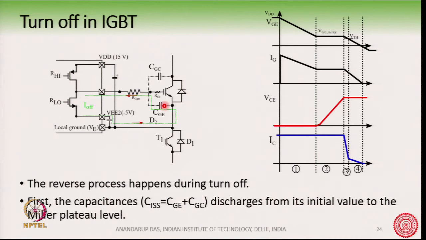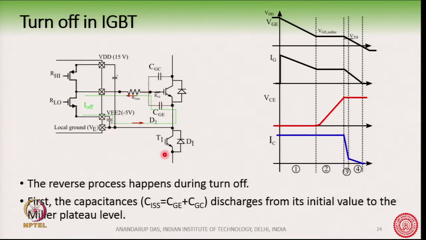So, how is the circuit behaving? You can see here that this capacitance is going to be discharged through this MOSFET. During turn off, we will turn on this MOSFET and turn off this MOSFET. So, it will go through like this, and will complete the path like this here.